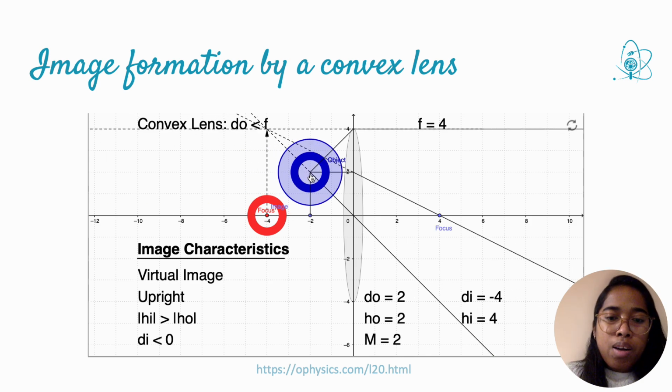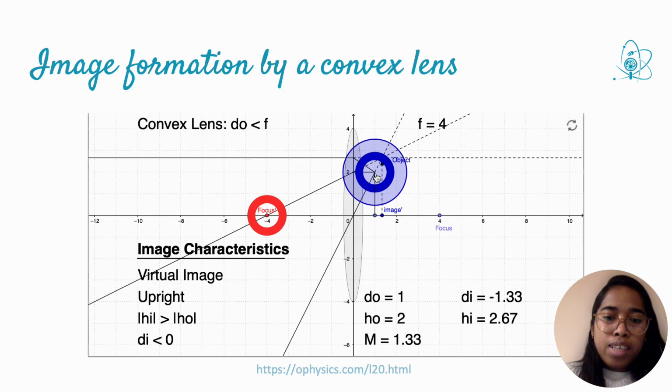And if we now decrease the distance of the object again, we obtain a virtual image that is upright. Here the magnification is equal to 2.